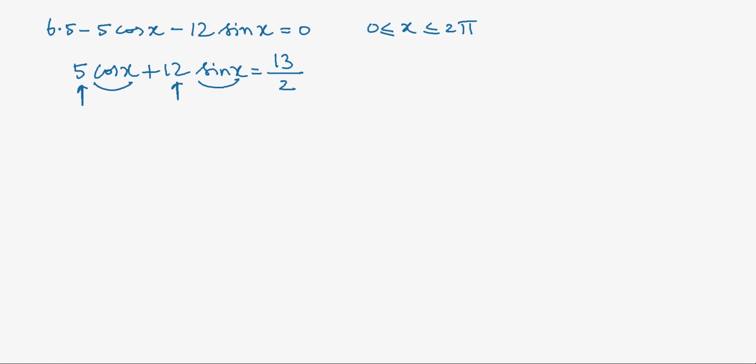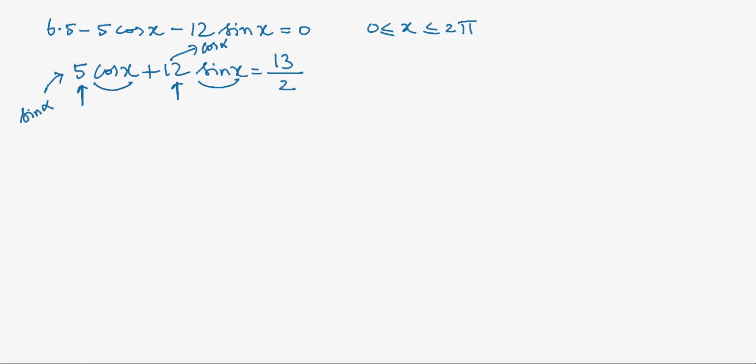So the 5 and 12, let's say we can convert this 5 numerical value into some new sine alpha or something like that, and if this 12 also becomes a cosine alpha, for example, then this whole thing will look like cos alpha cos x, this is sin alpha cos x, cos alpha sin x.